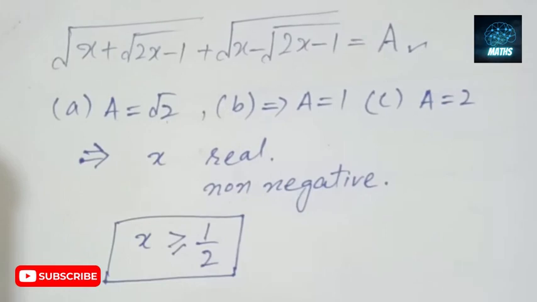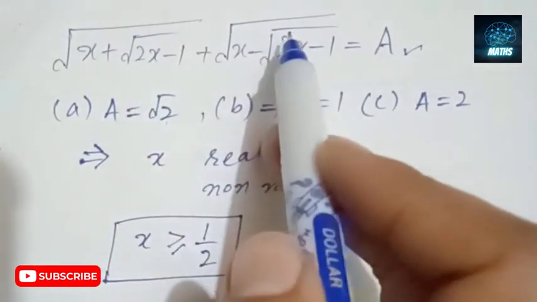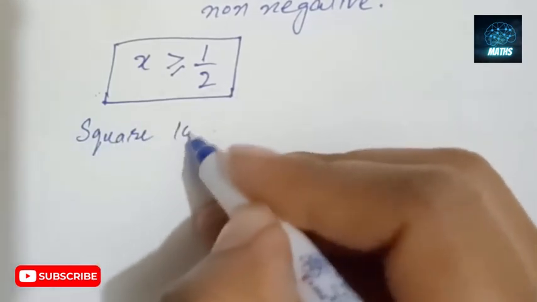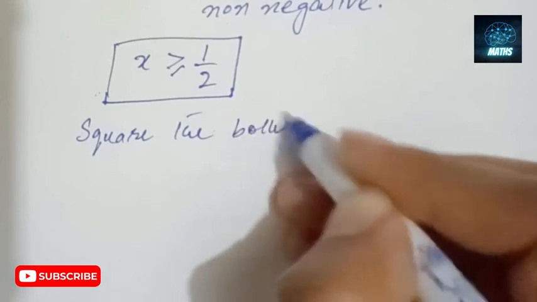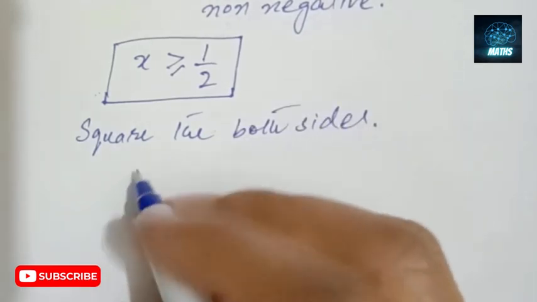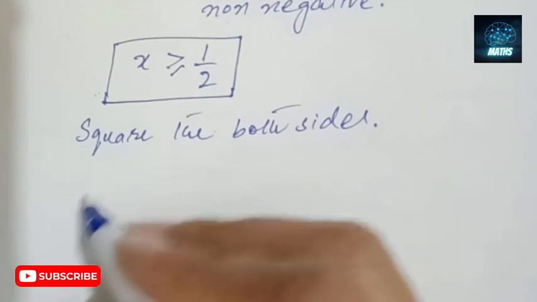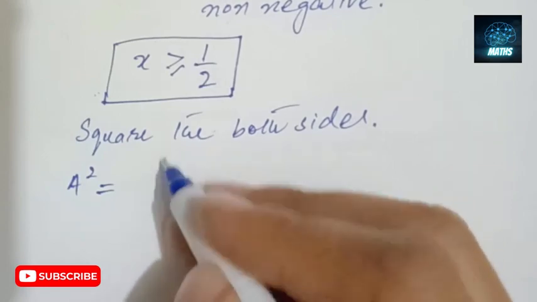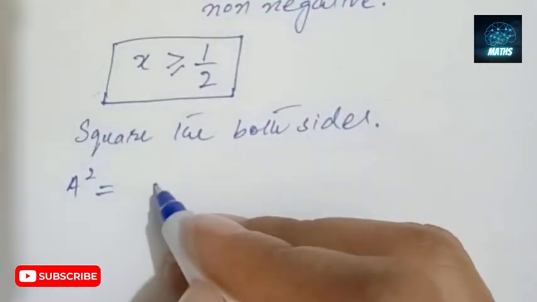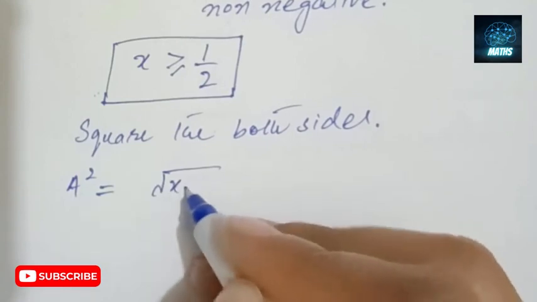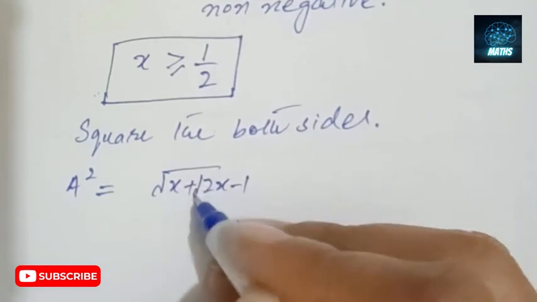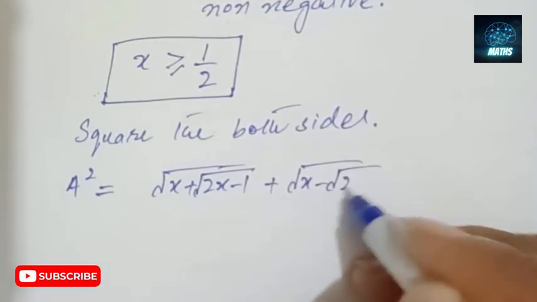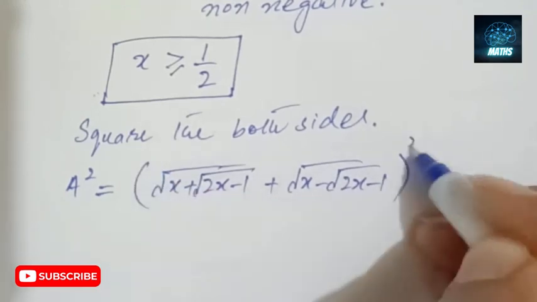So we are taking the square on both sides to cancel the square roots. Square both sides. By squaring both sides, we get a square is equal to square root x plus 2x minus 1 plus square root x minus square root 2x minus 1 whole square.